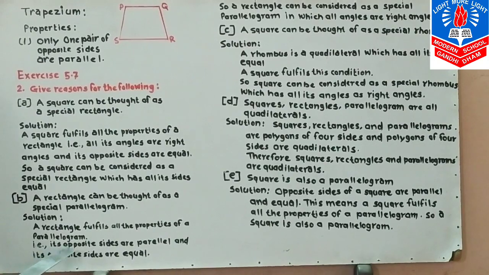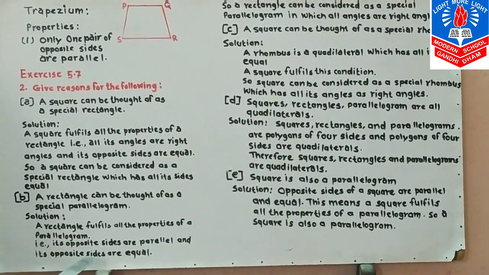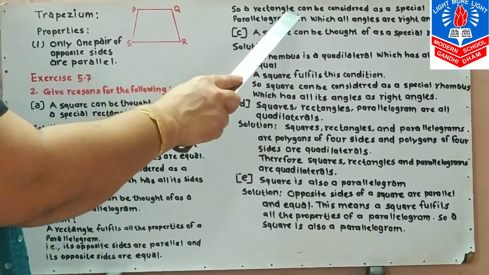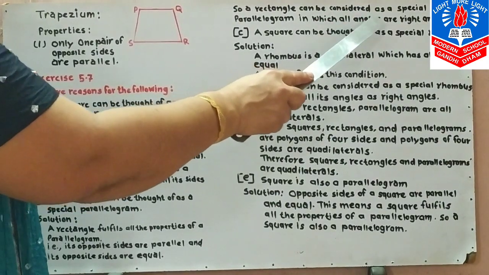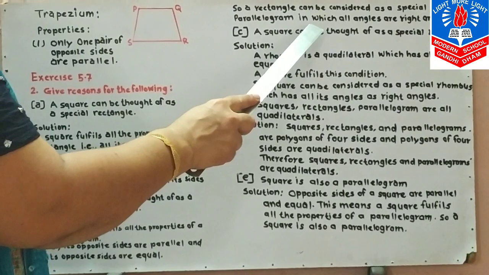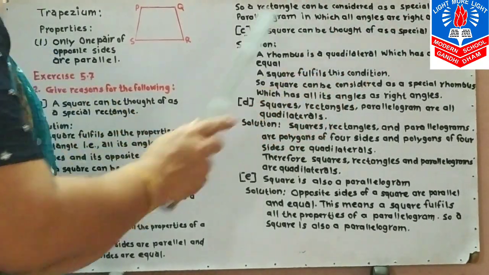That is, its opposite sides are parallel and its opposite sides are equal. So a rectangle can be considered as a special parallelogram in which all angles are right angles.